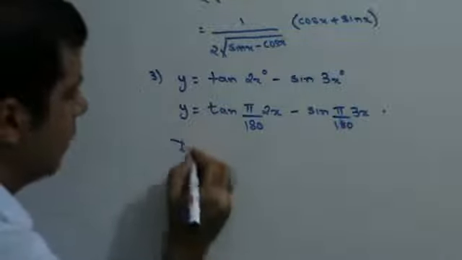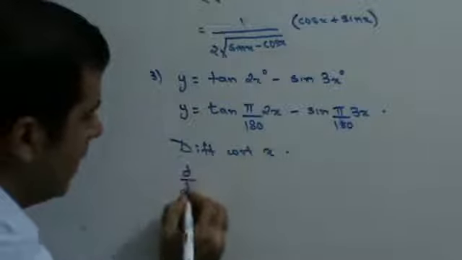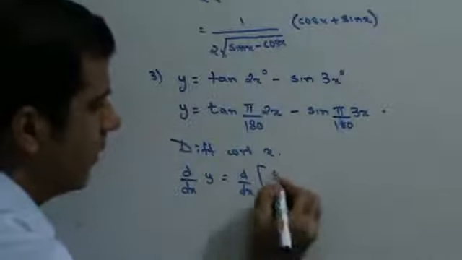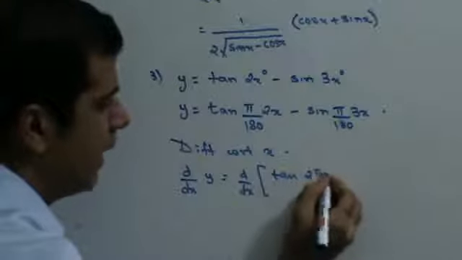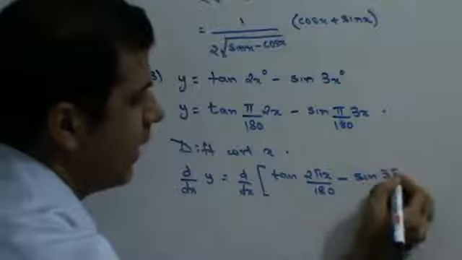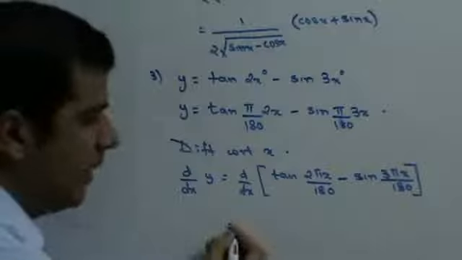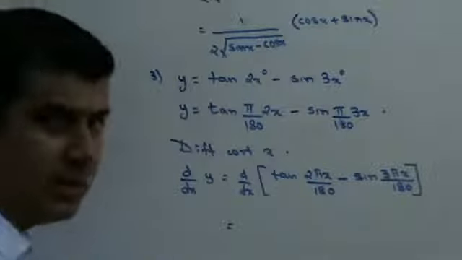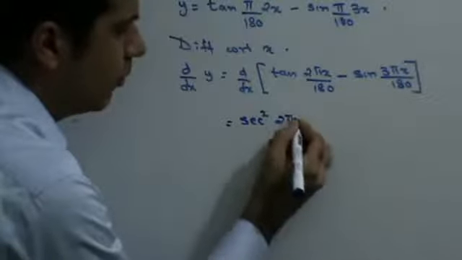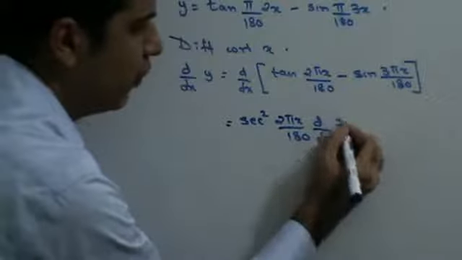Right? Now, differentiate with respect to x. So you will get d by dx of y is d by dx of tan 2 pi x upon 180 minus sin 3 pi x upon 180, right? D by dx of tan u is nothing but sec square u d by dx of u.